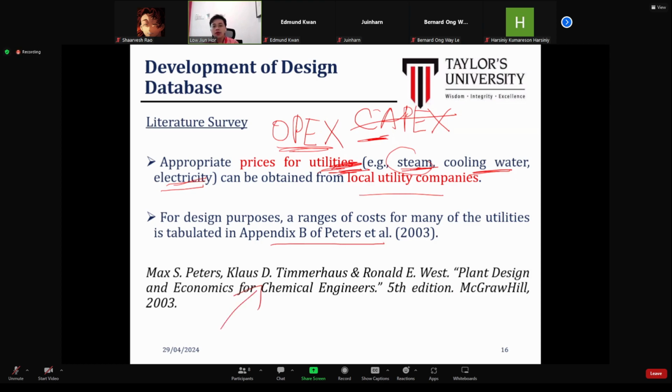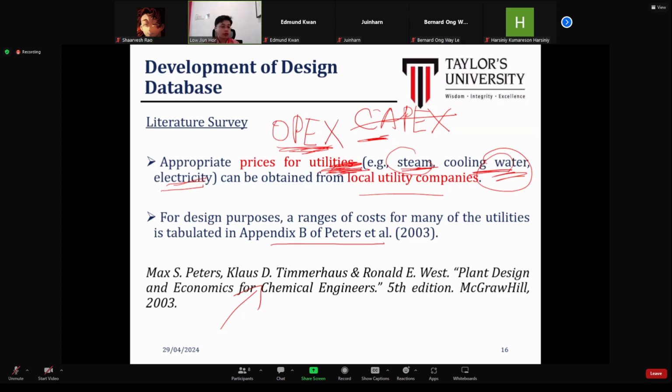Local utility company means, for example, if you are going to construct a chemical plant in Selangor and you want to use water to cool down your process, and you want to calculate the price of the water you will spend to operate the plant, which company manages the water supply in Selangor? Air Selangor. In that case, you can refer to Air Selangor to get the latest price of water to calculate your OPEX.